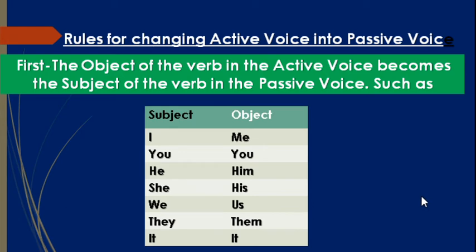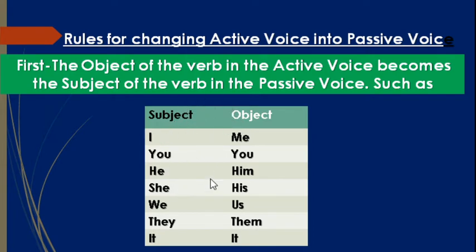So you can see here the basic point: in the active voice, there is a subject and an object. In the passive voice, the object will be the subject and the subject will be the object.